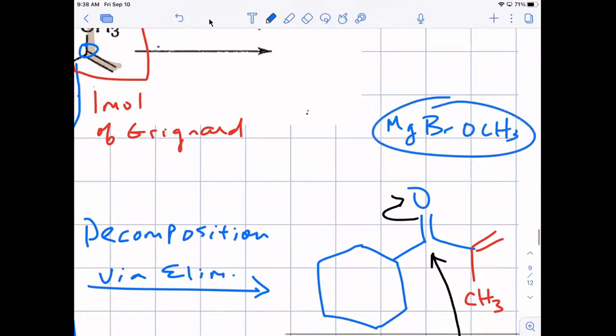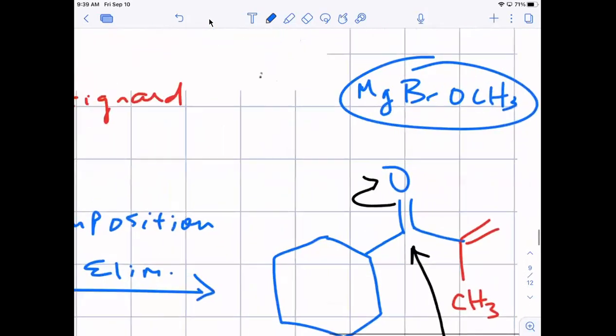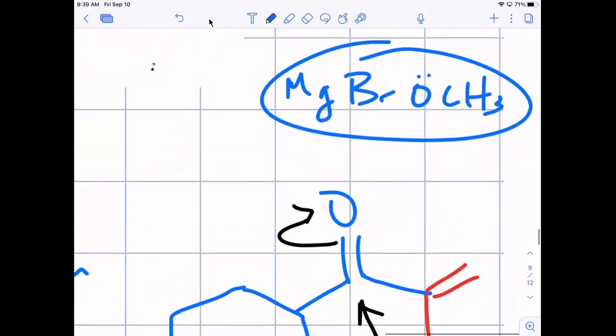Right, that's a side product from here. Once I eliminate and that OCH3 comes off, because it's going to be negative when it leaves, it's just going to end up with the magnesium. I know somebody was probably thinking that, but didn't want to ask it, and this is positive.